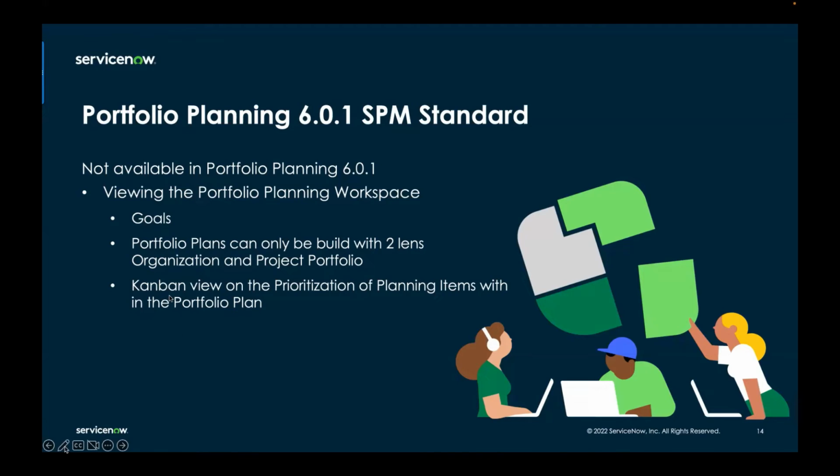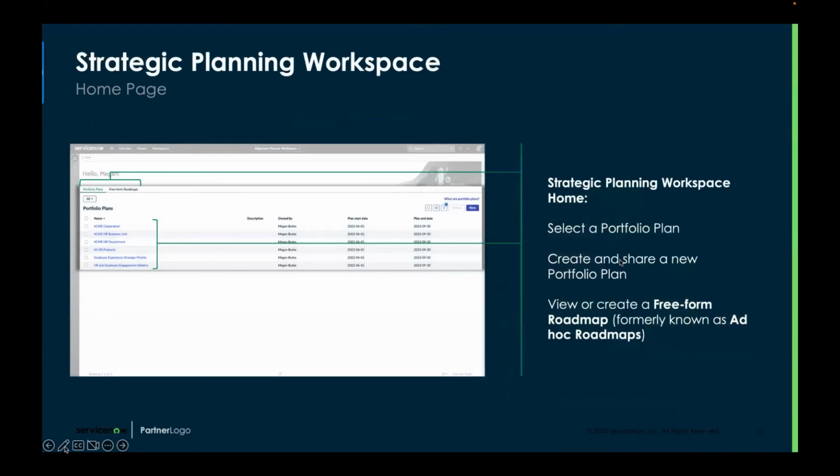And then we have the Kanban view on the prioritization of the planning item. You will not be able to see that in standard. Okay. And what I did show you in the instance, I have slides that actually support that, right? So you'll be able to see those slides.